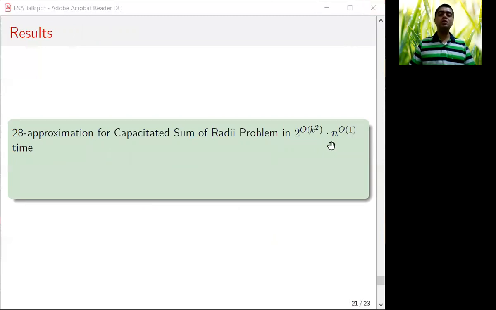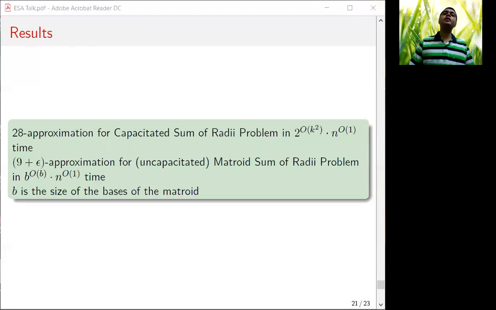The dependence of the running time is 2 to the order k squared on k, but it's a strict polynomial in n. As I mentioned, many of these details simplify if you don't have capacities. So we get a 9 plus epsilon approximation in FPT, and the parameter here is the size of the base of the matroid.